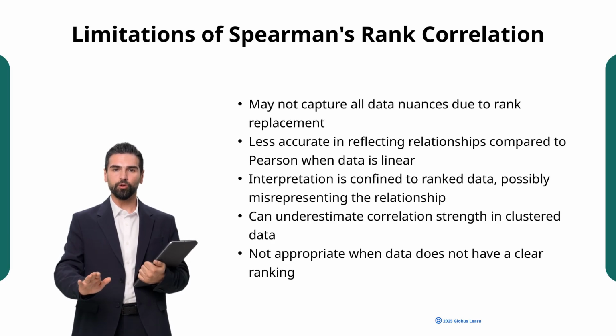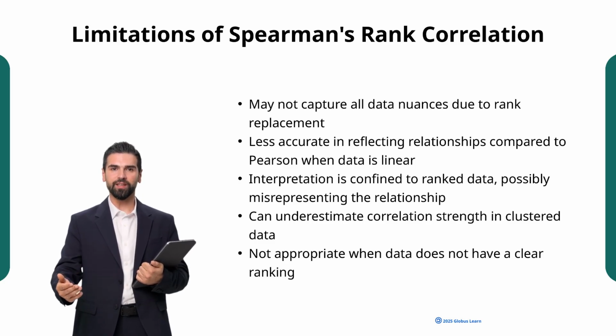It's important to know that while Spearman effectively captures order and ranking, it might not always provide the complete data context needed to draw conclusive insights. So, while Spearman has many strengths, it's always crucial to weigh its limitations against the specific needs of your analysis.